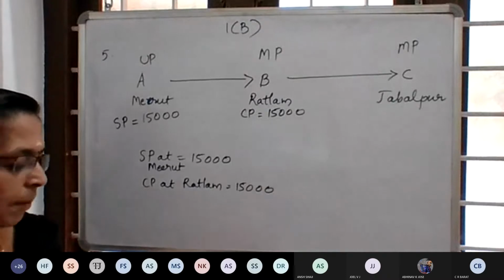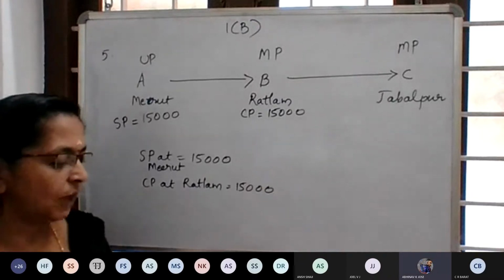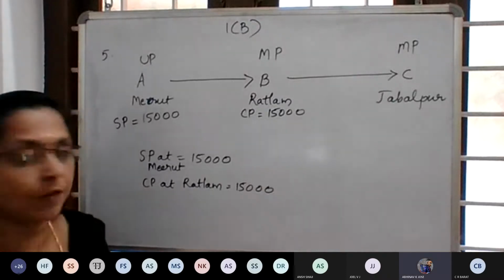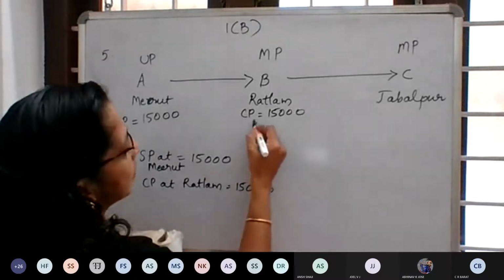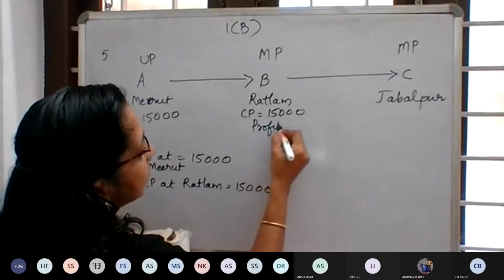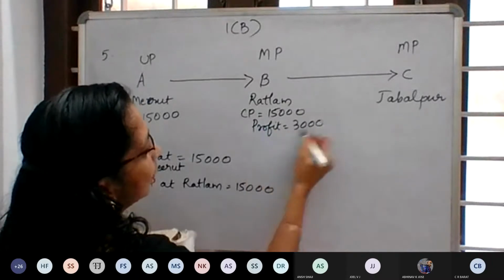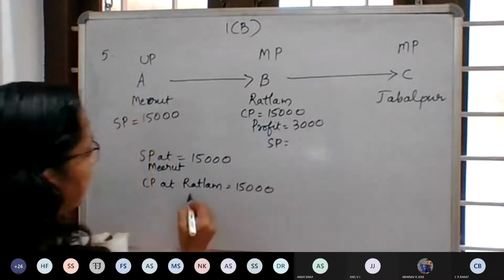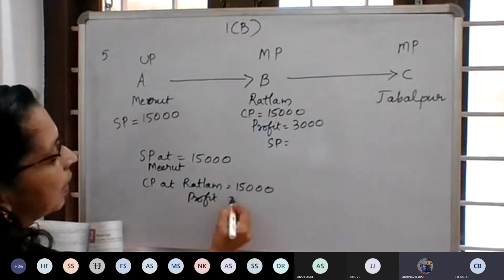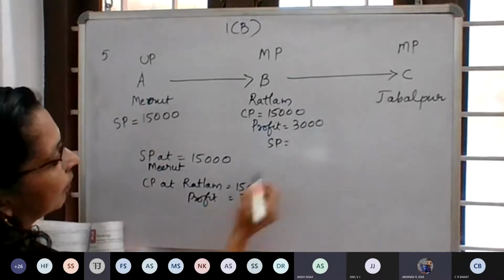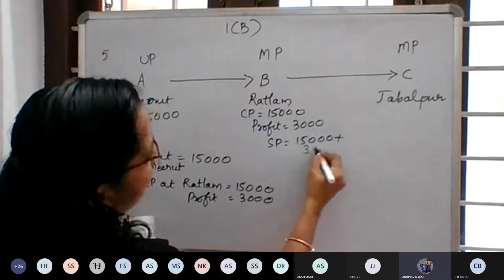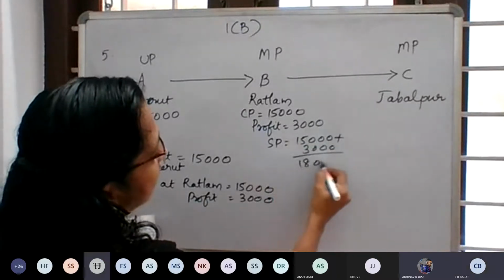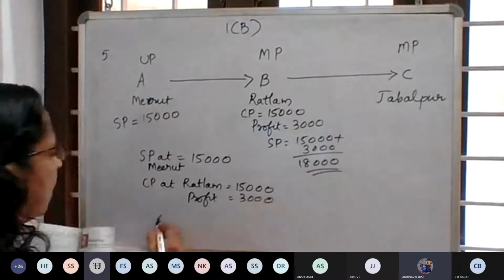Dealer B in turn supplies the same goods or services to dealer C in Jabalpur at a profit of 3,000. So what will be the selling price? 15,000 plus 3,000, 18,000.